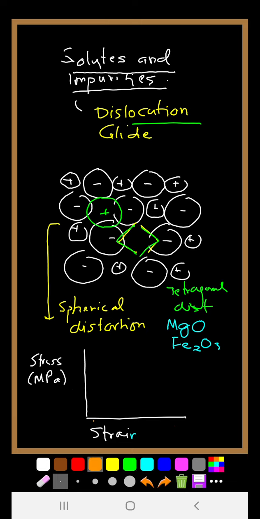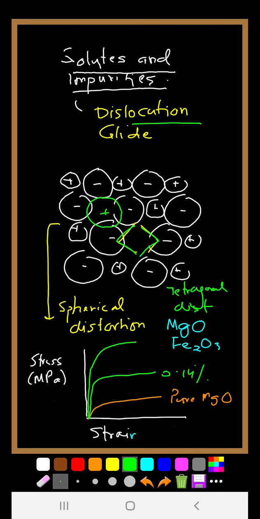So this is the stress-strain curve of pure MgO, pure magnesium oxide. This will be the stress-strain curve for 0.14% doping of Fe2O3, and to increase the doping percentage, this will be the stress-strain curve.